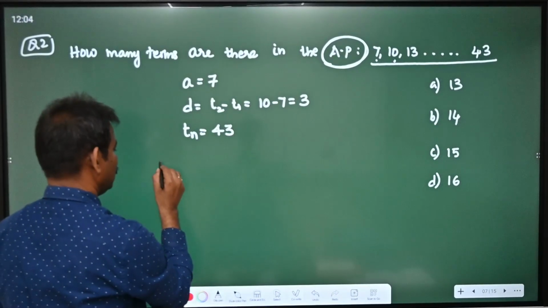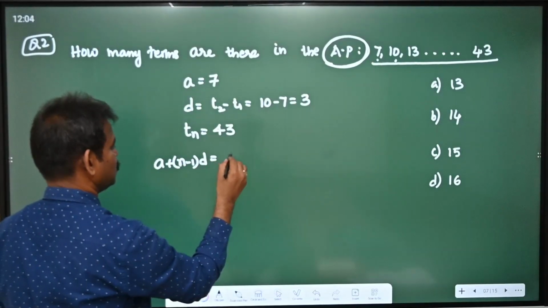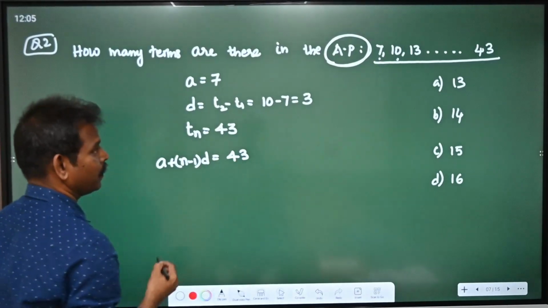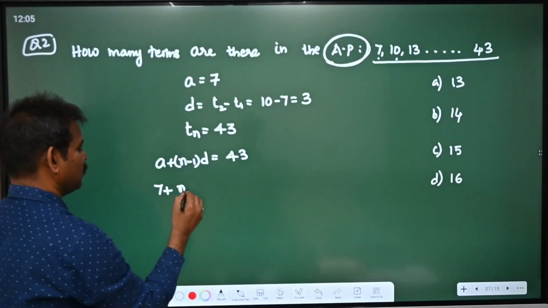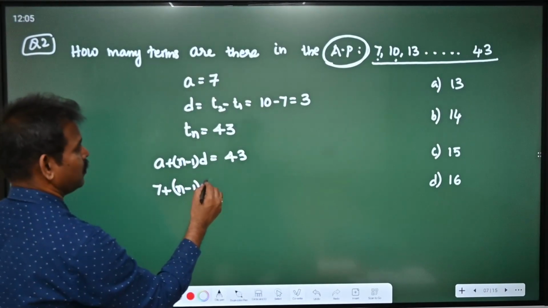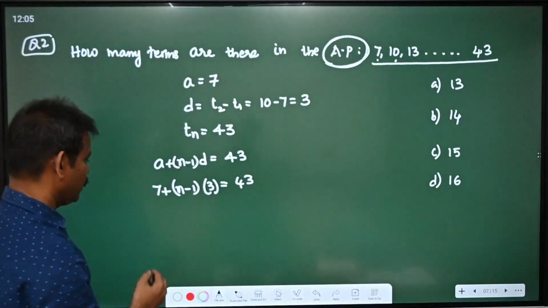So here A plus n minus 1 into D is equal to 43, and A is equal to 7 plus n minus 1 into common difference 3 is equal to 43.